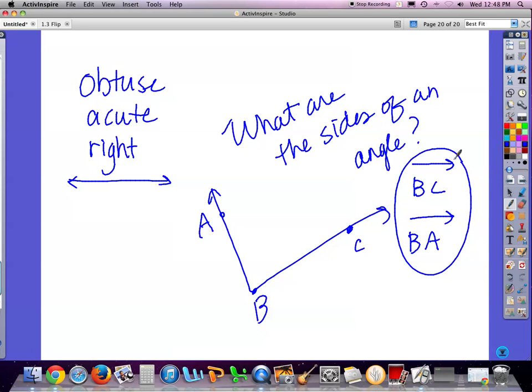You would have to have both those answers to get that correct. What's another question with this? What's the vertex? You would say the vertex is point B. Of course, I'm drawing this after the fact, but what if you had an 8 in here? Instead of angle ABC, you can call it angle CBA, angle 8, or angle B. You have to be careful with that if you have more than one picture, or it could refer to more than one angle. Then you will have to be specific and put all three letters in there.